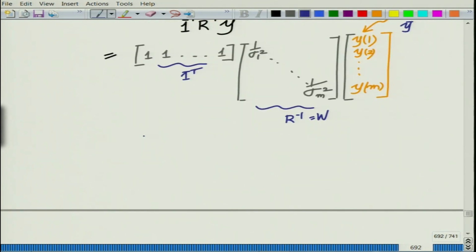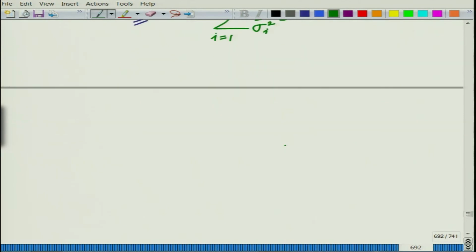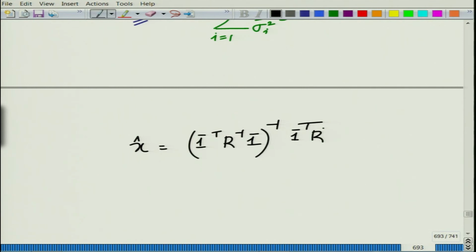You can readily see this reduces to nothing but the summation i equal to 1 to m, 1 over sigma i square yi, and this is the numerator. Therefore, if you look at x hat, once again that is 1 bar transpose R inverse 1 bar inverse 1 bar transpose R inverse y bar.